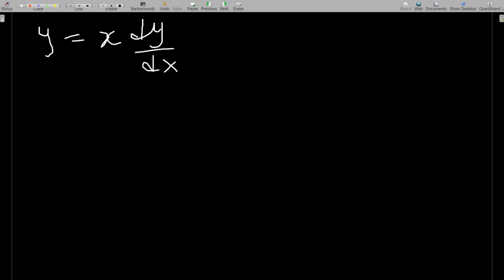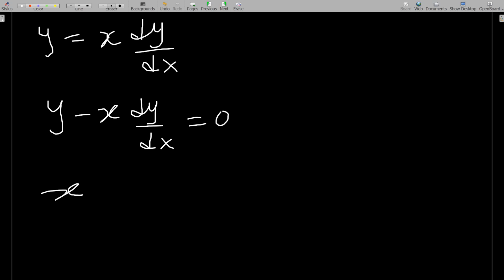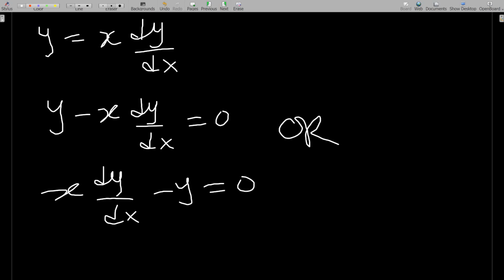You can manipulate this and say y minus x dy/dx equals 0, or someone may divide through by negative and have x dy/dx minus y equals 0. This or that is correct. So this is very simple.